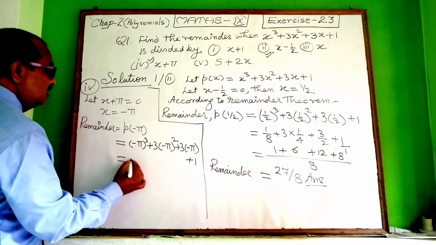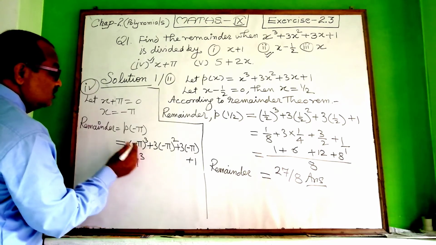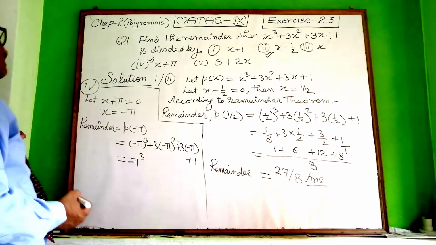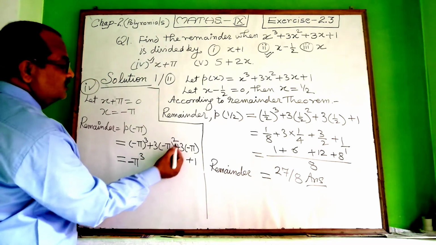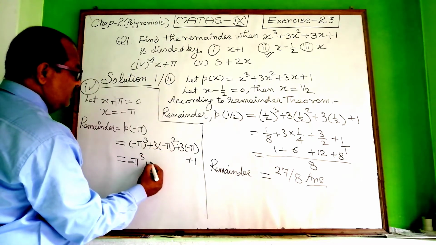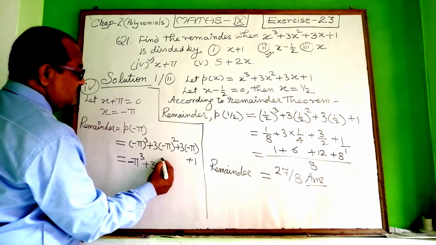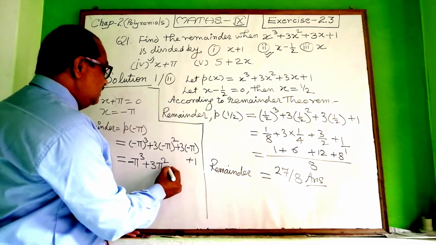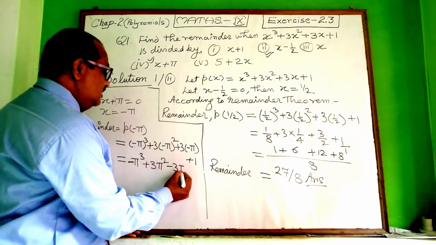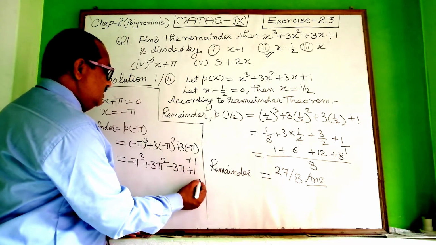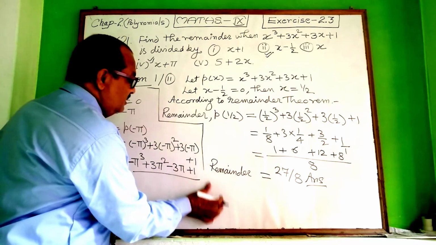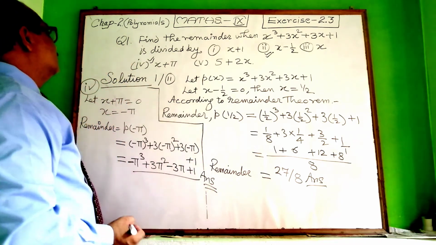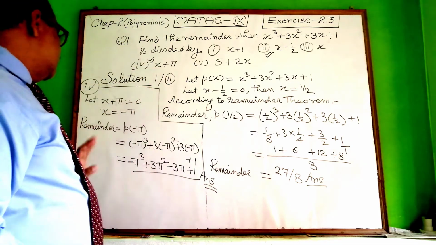You can see here, pi cube of minus pi will give you a negative sign, and here it is positive and again positive, so plus 3 pi square. Here minus pi and positive 3 multiplying, so minus 3 pi and plus 1. This is your remainder. This is your answer of the fourth part of this question.